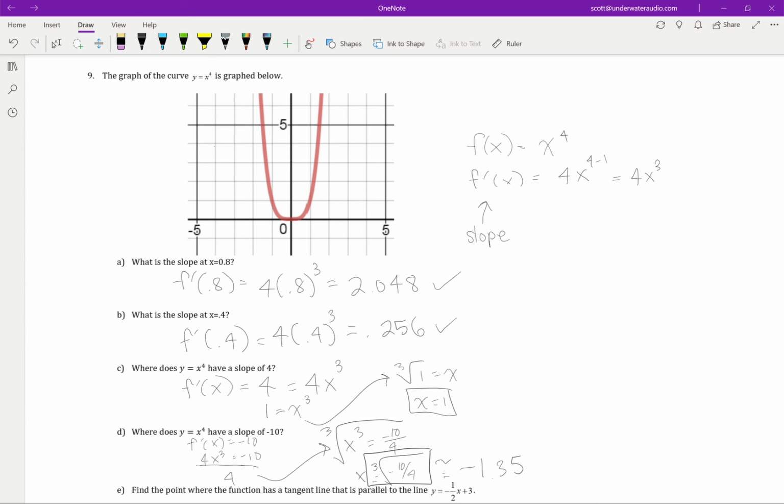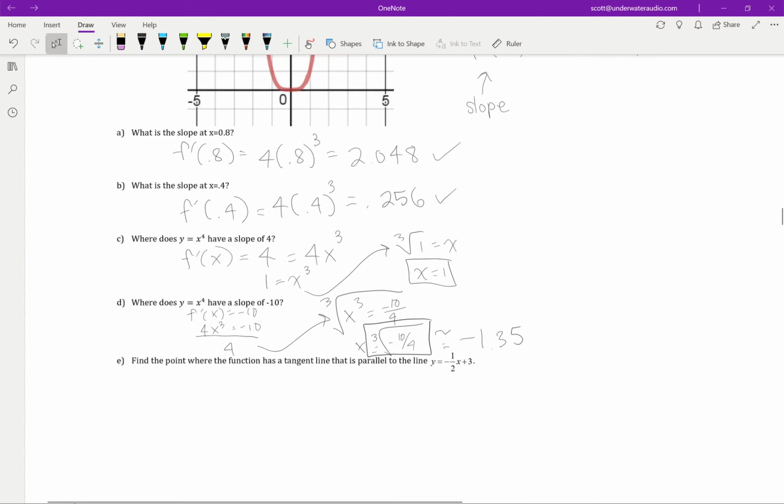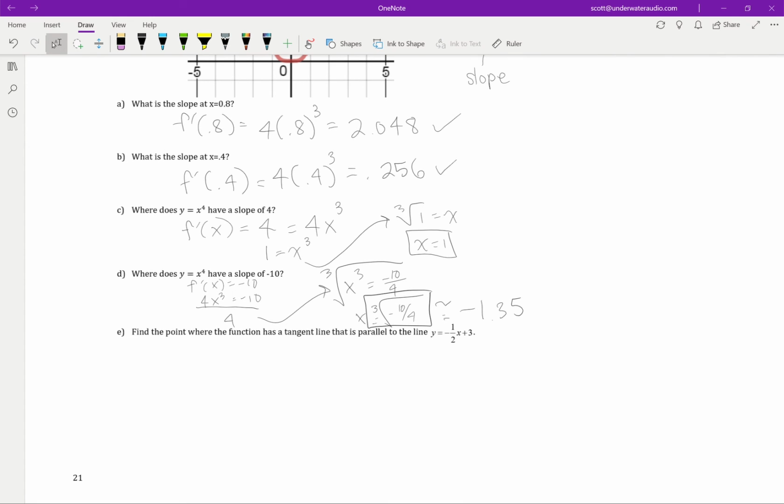Okay, so this is the last part of this problem. Find the point where the function has a tangent line that is parallel to the line y equals negative 1/2 x plus 3. So parallel to the line means same slope. So I need the point where the function has the same slope as negative 1/2.